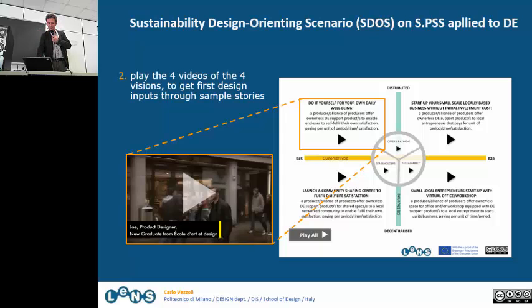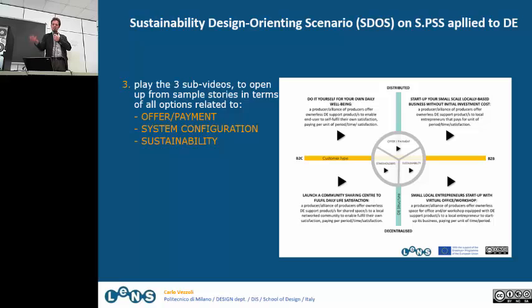But then after this, we actually have some sub-videos that open up the mind from one story, with a key characteristic, but one story is one story, to the overall possibility of each of the 4 visions. So the stakeholders could be different.